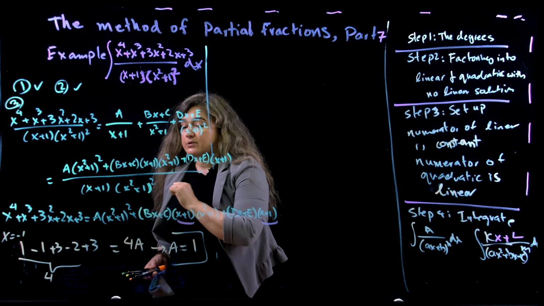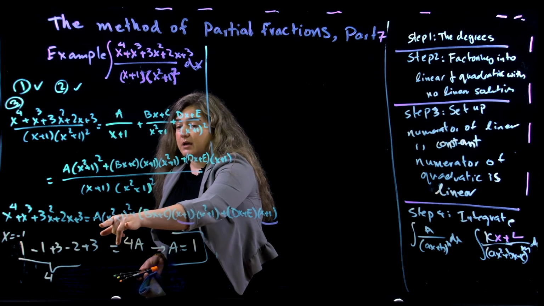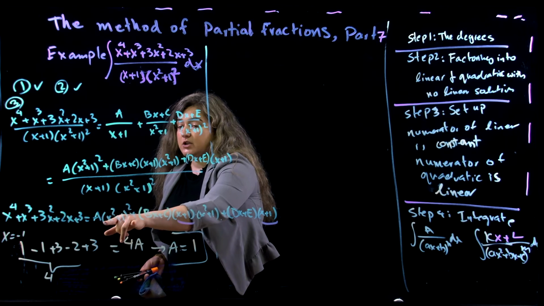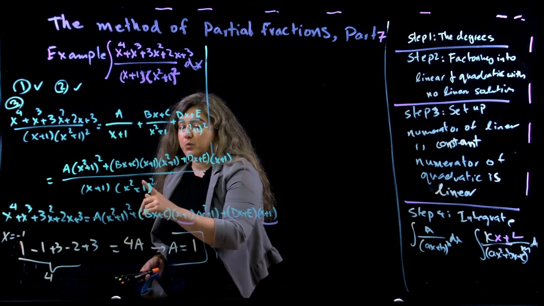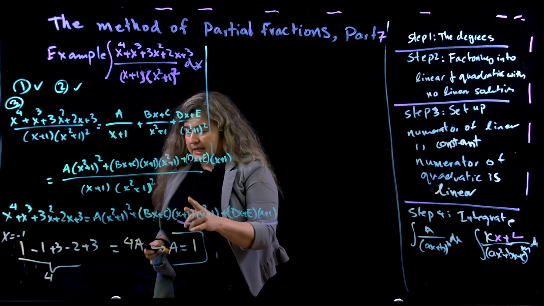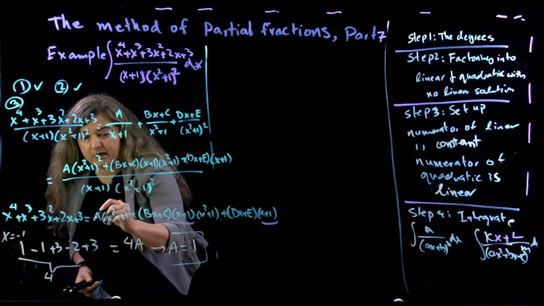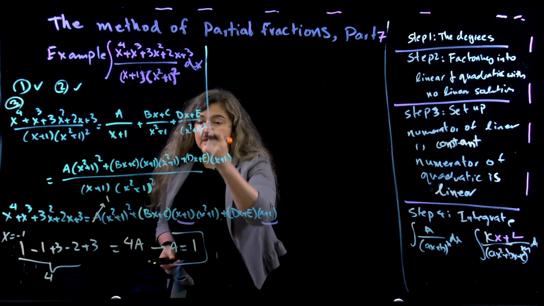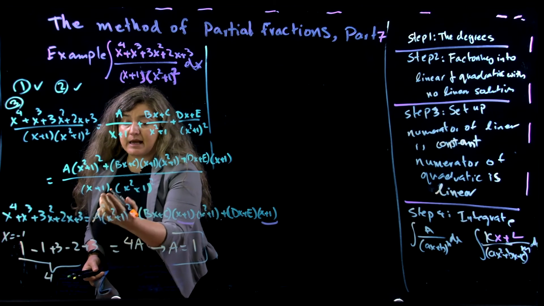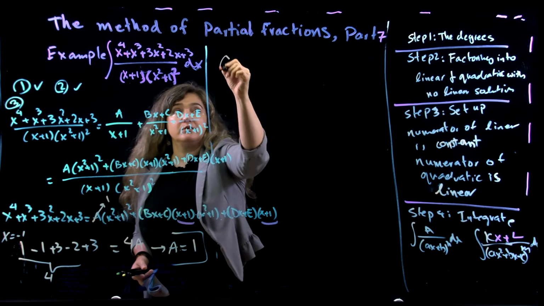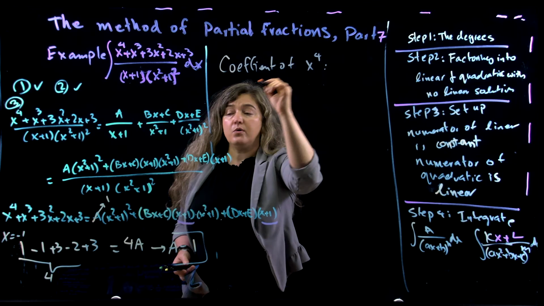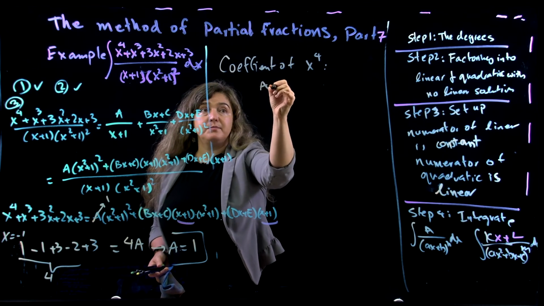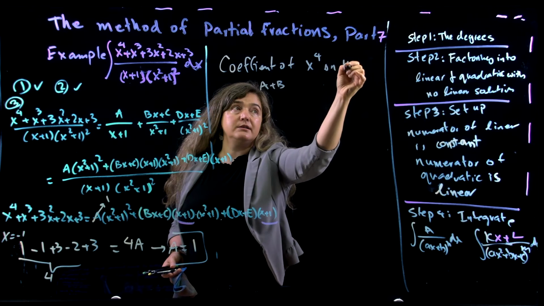That one has x to the power 4, and that again comes from multiplication of x squared by x squared, which is 1. So let's write this again. From here I know a is equal to 1. Now from all this discussion I know that the coefficient of x to the power 4 is equal to a plus b on the right.